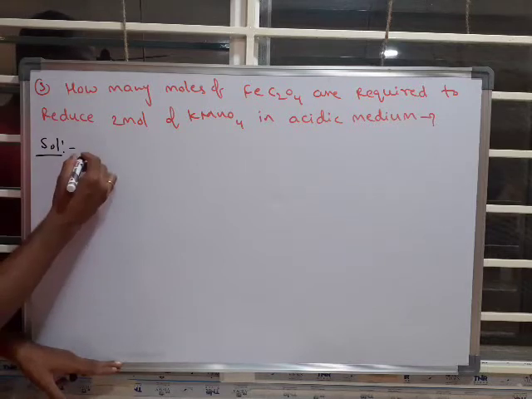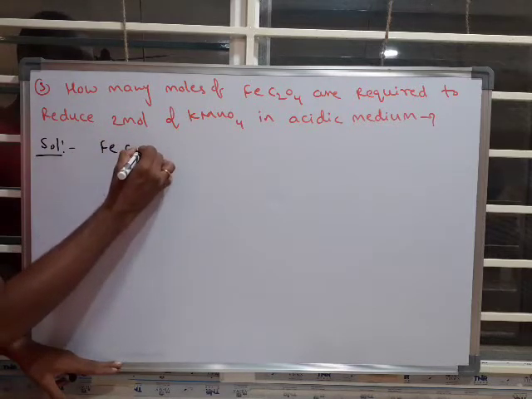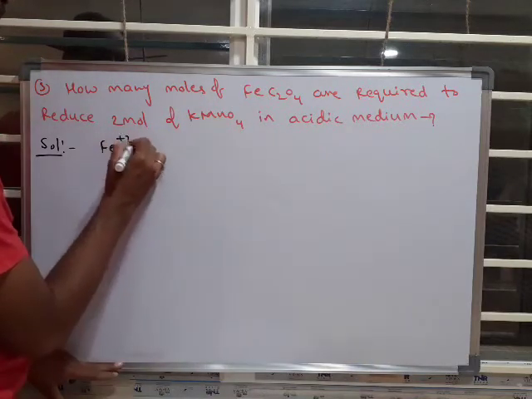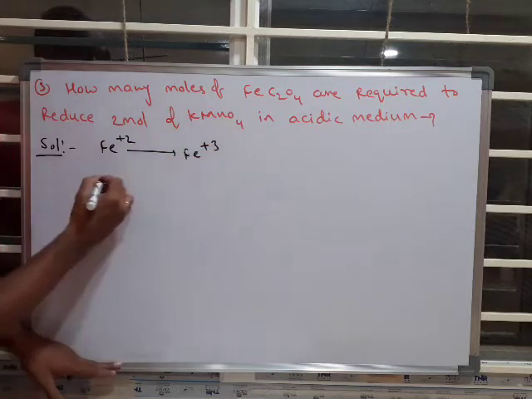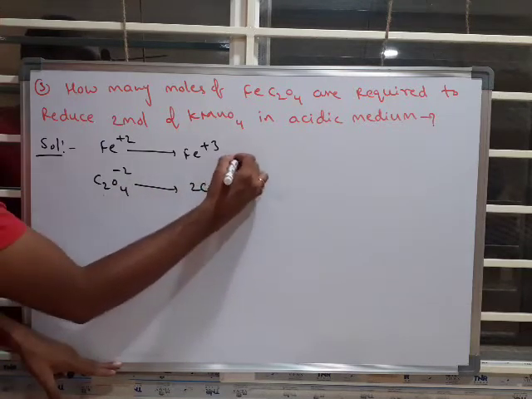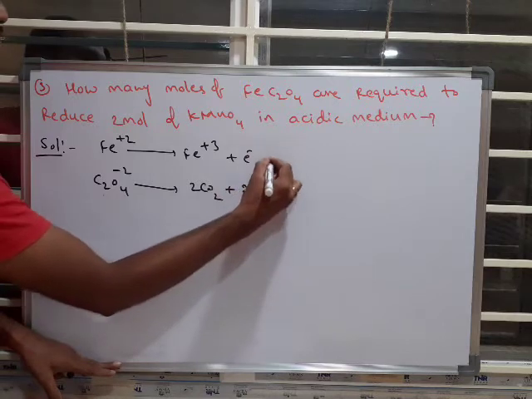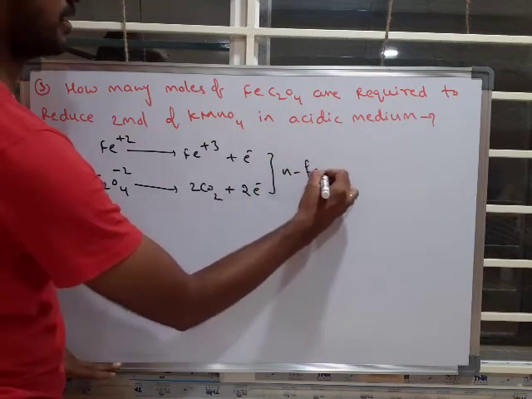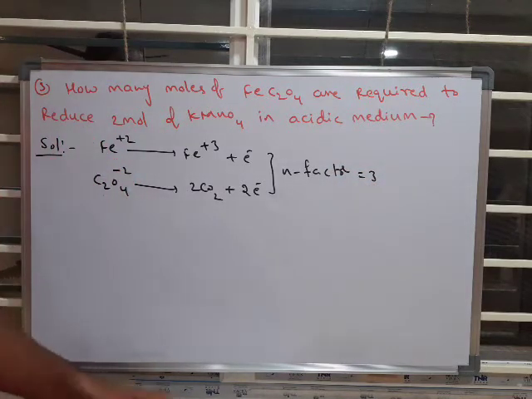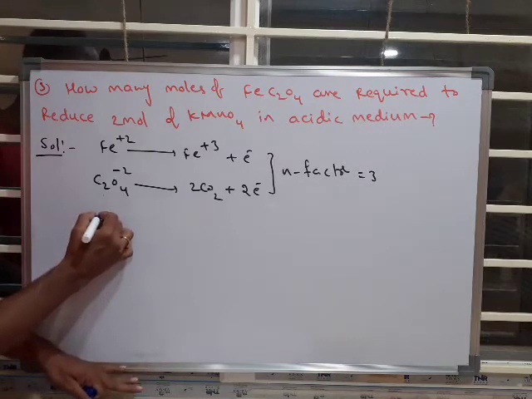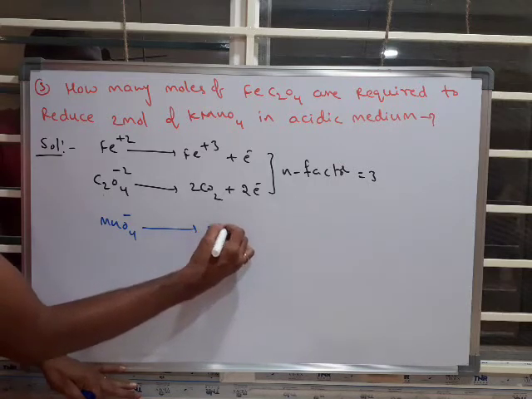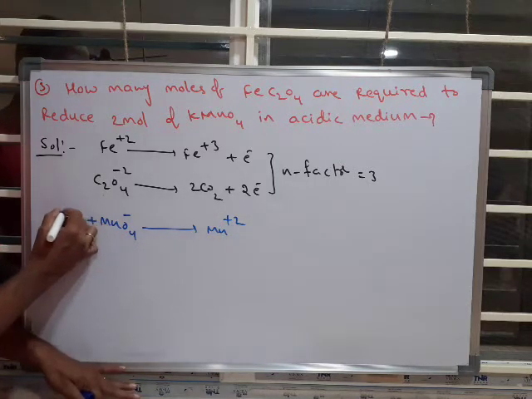So already we know what the N factor is for ferrous oxalate, FeC2O4. In FeC2O4, Fe plus 2 becomes Fe plus 3, and oxalate C2O4 minus 2 becomes 2CO2. So this is plus 1 electron, and this releases 2 electrons. Here the total N factor, as we just did, is 3. Next, potassium permanganate is given in acidic medium, so MnO4 minus changes to Mn plus 2 by taking 5 electrons.